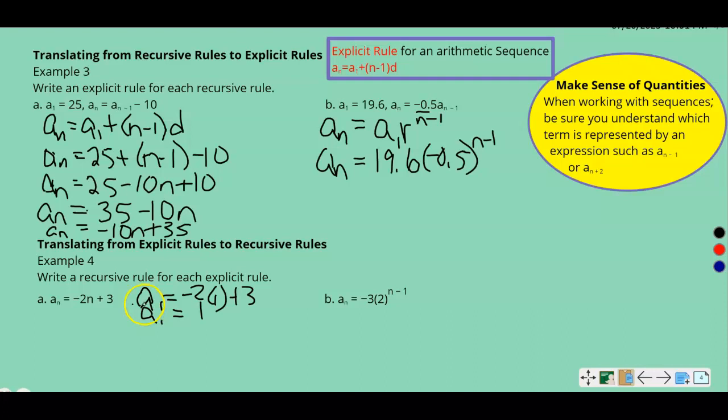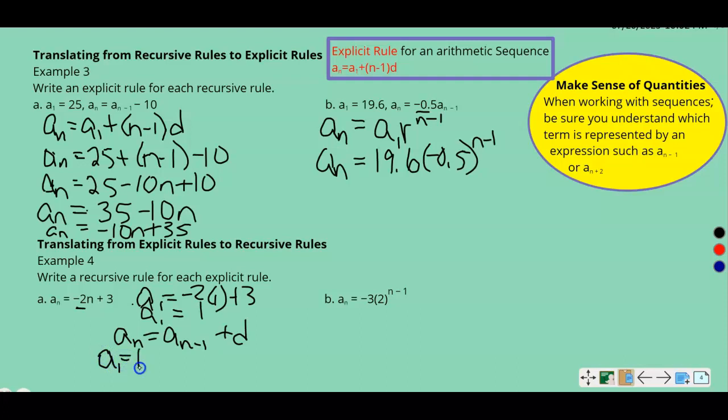So again, the formula is a sub n equals our previous term plus our common difference. Our common difference is going to be negative 2. And so we just have to write all of this together now. Remember, the first term is part of it.